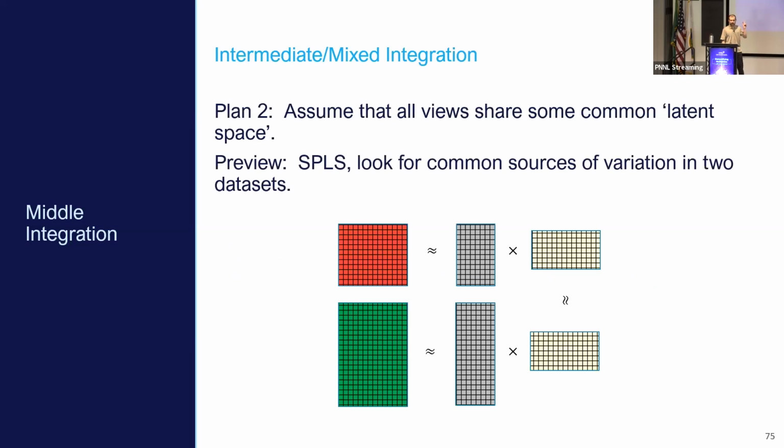So I'll describe a method that we're actually going to look at and play around with later today in the hands-on sessions, called sparse partial least squares. Here's a picture of it. It looks probably very similar, but with a subtle difference. So just 2 data sets now. It has the same thing where we say, okay, this data set is actually some weight matrix times this hidden latent representation. But you'll notice here there are actually 2 latent representations, not one shared one.